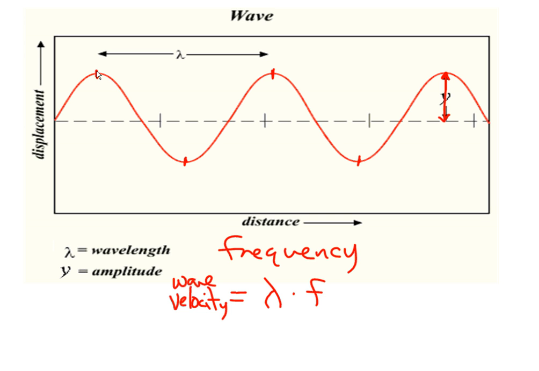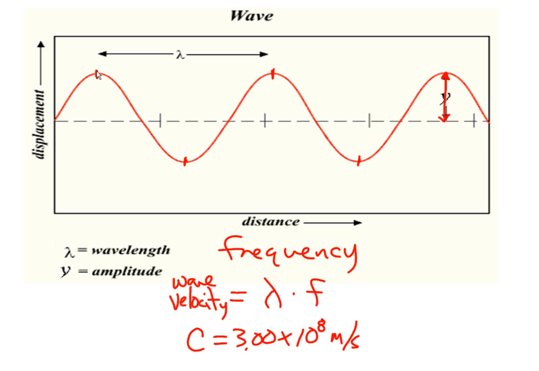It just so happens that these light waves are all traveling at the same speed, c, the speed of light, which is equal to 3.00 times 10 to the 8th meters per second. So one important thing to remember is that formula: c, the speed of light, is equal to the wavelength times the frequency.